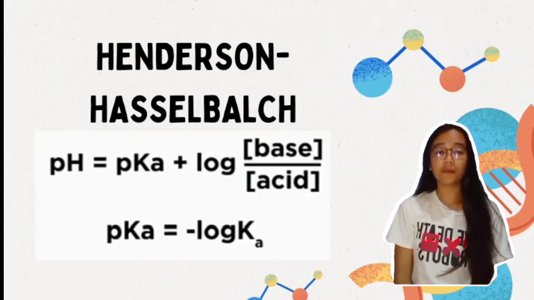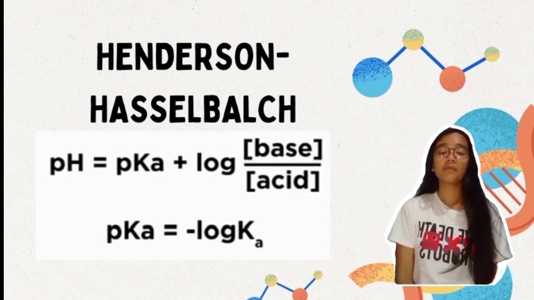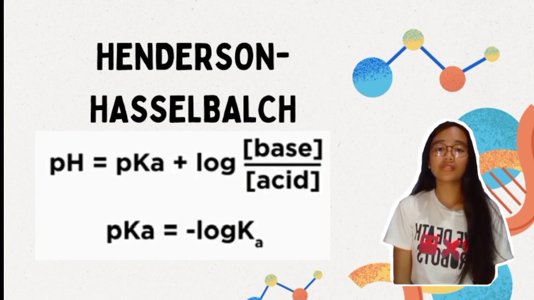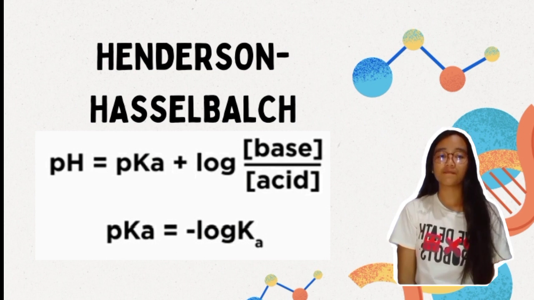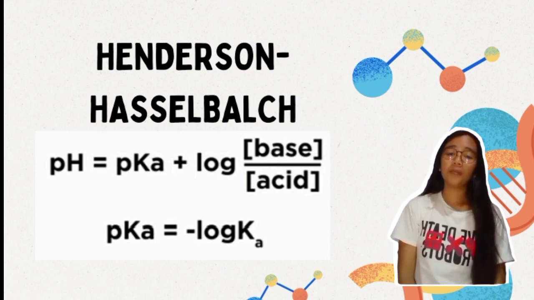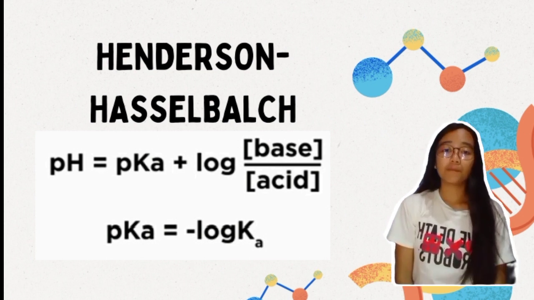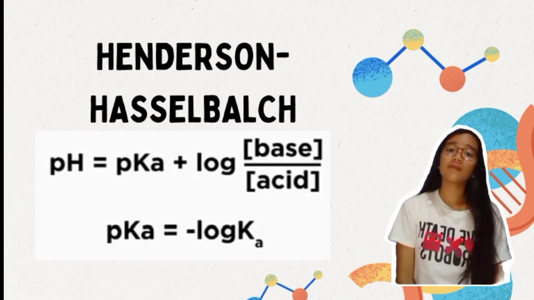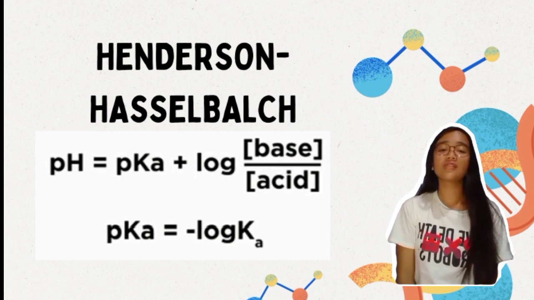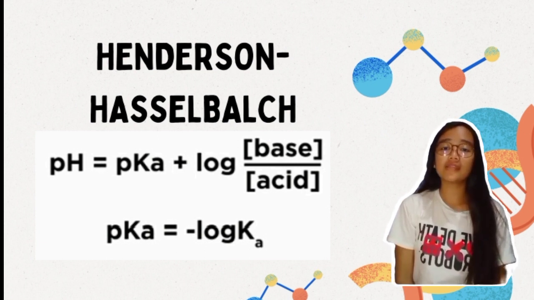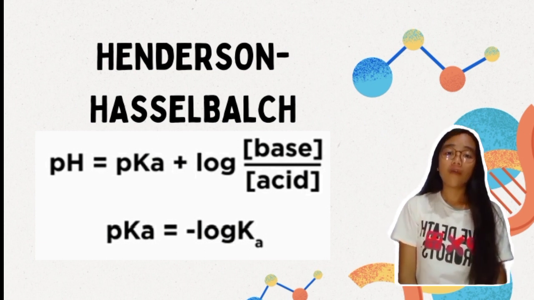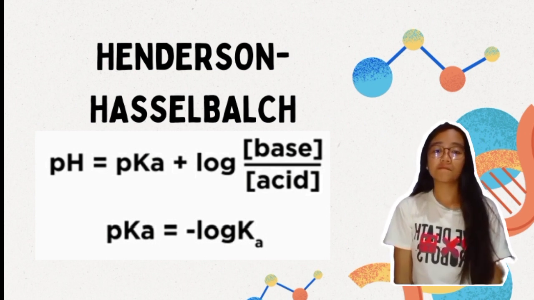Buffer solutions of a particular pH can be prepared using the Henderson-Hasselbalch equation. We know about pH, and pKa is similar in that if pH is the negative log of the hydronium concentration, pKa is the negative log of the Ka for that acid.